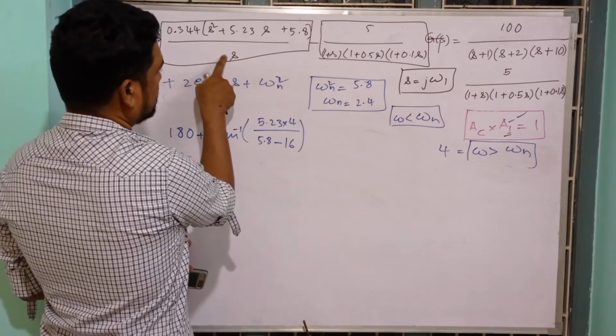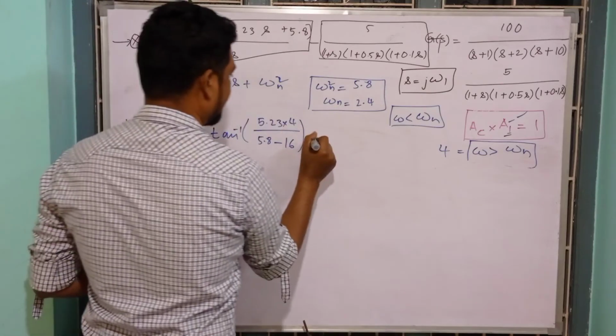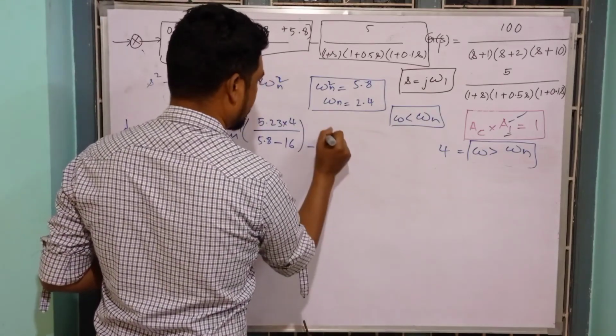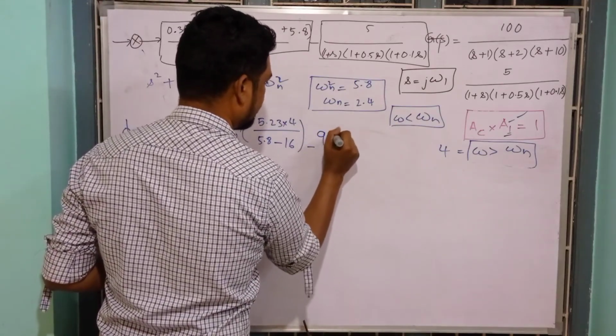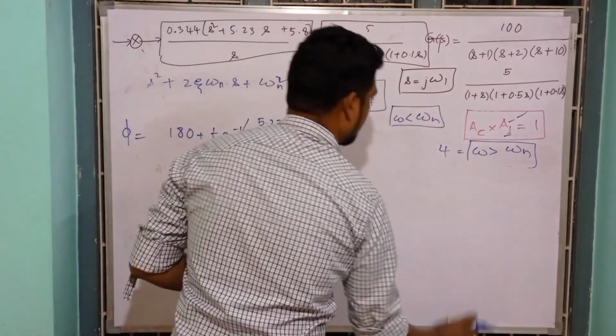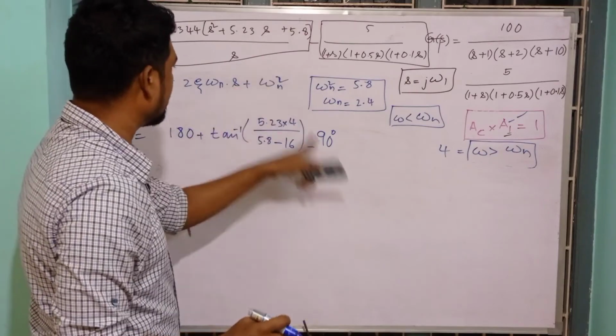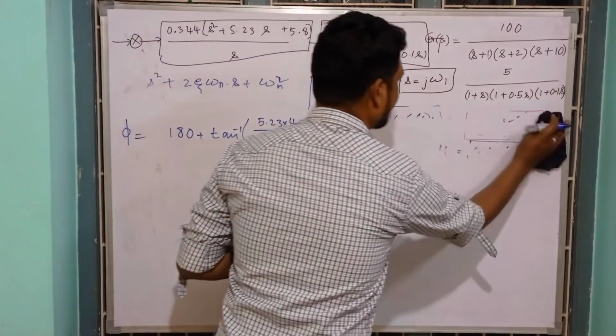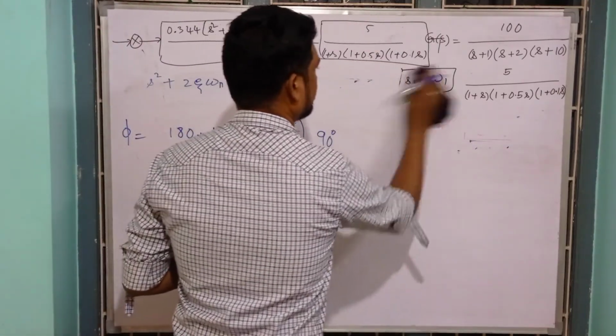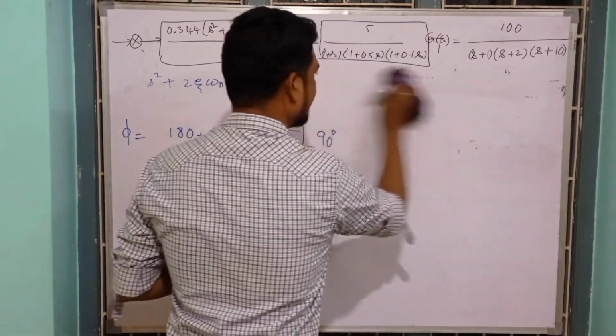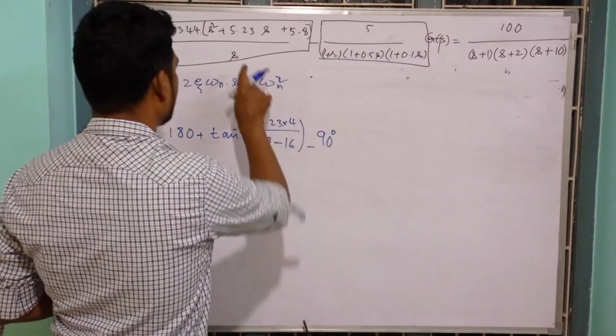Now this one, it's in the denominator, that gives us minus 90 degrees, right? So guys, you are not new to this one. I don't need to explain much about how this is minus 90 degrees, okay? And this is for this one.